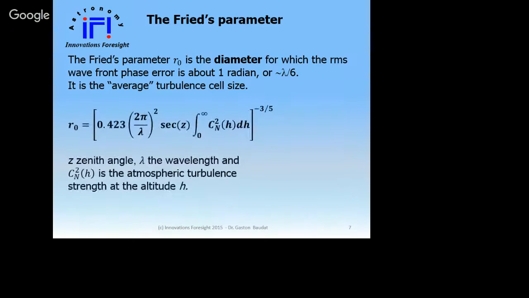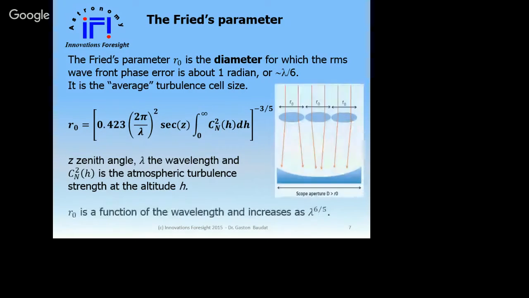If you look at the equation to compute r0, it's a function of a few things: the wavelength, the zenith angle, and an integral which has to do with the profile of the turbulence across the atmosphere. Most of the time, in a given scope of some diameter D, you have more than one of these r0, because r0 is more like 5 to maybe 10 centimeters across.